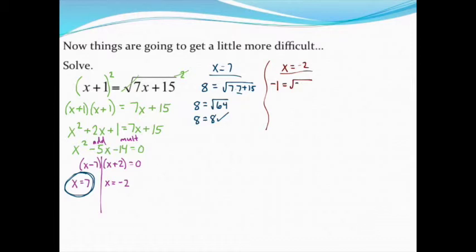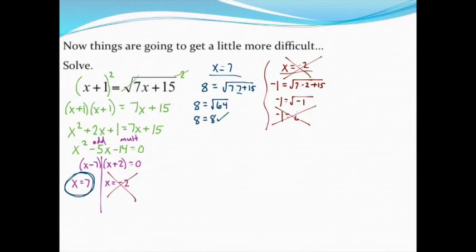Continuing though, I've got 7 times negative 2, and then plus 15. 7 times negative 2 is negative 14, and adding 15 to that gets me 1. Negative 1 is not equal to the square root of 1... actually, we get a false statement, meaning negative 2 is an extraneous solution. I need to reject it. So make sure you go back to your original work and cross out that negative 2. There's only one single answer for this, and that is 7.